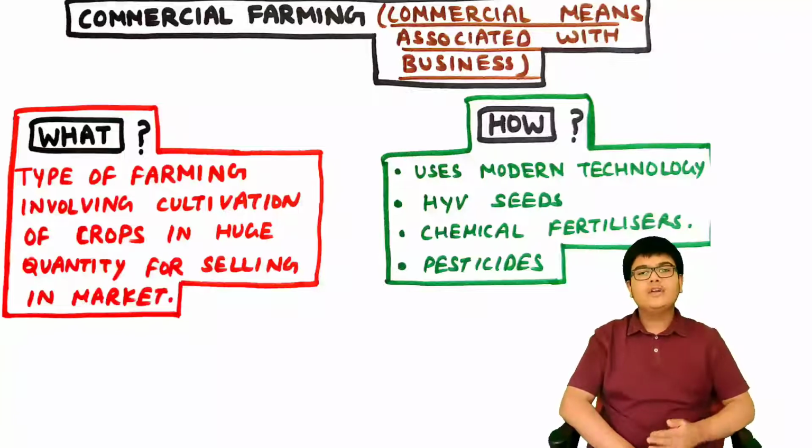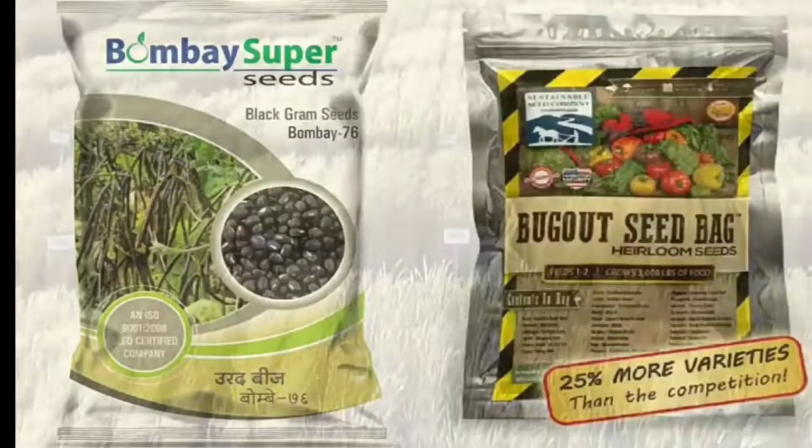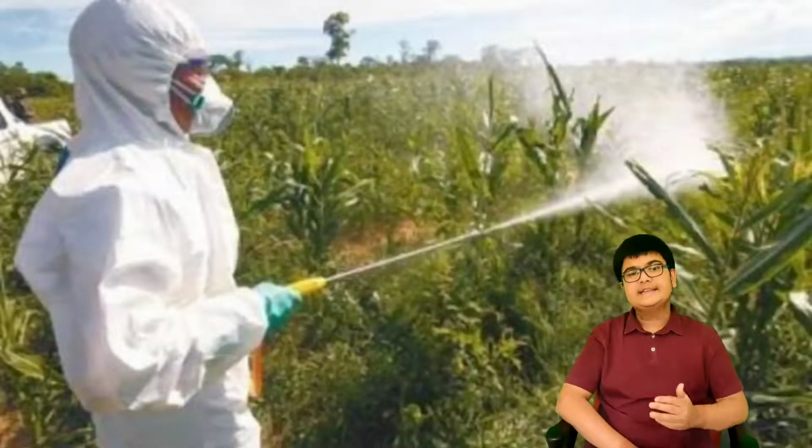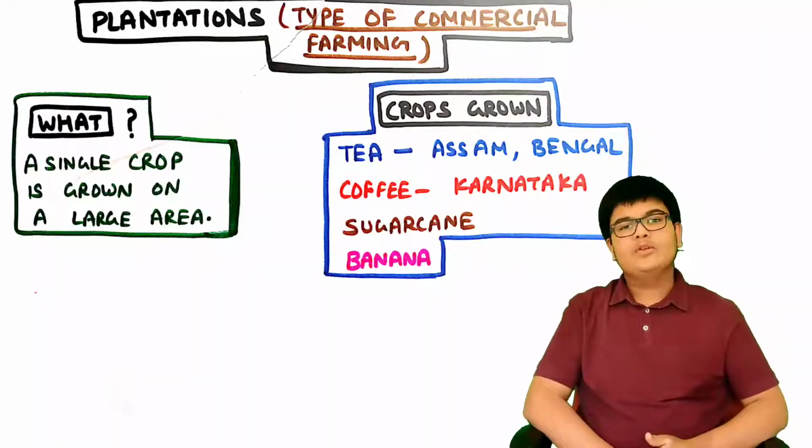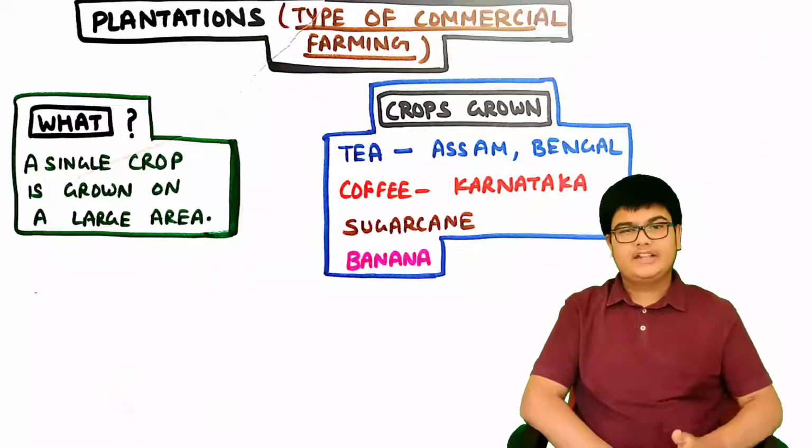In this farming, a lot of modern technology such as HYV seeds, high yielding variety seeds, chemical fertilizers, pesticides, insecticides, are used.